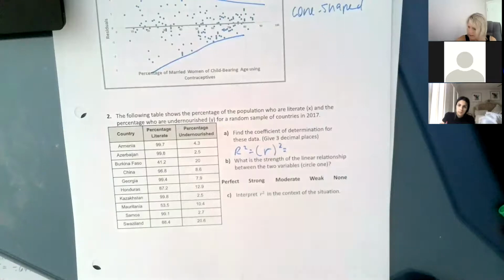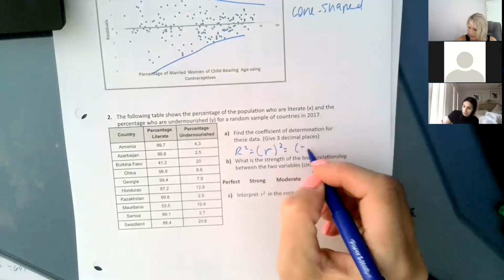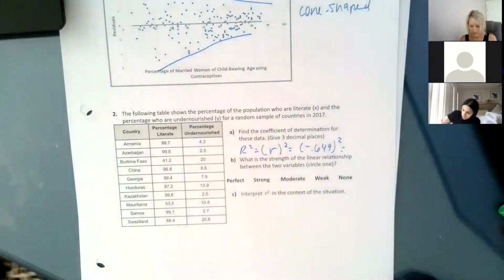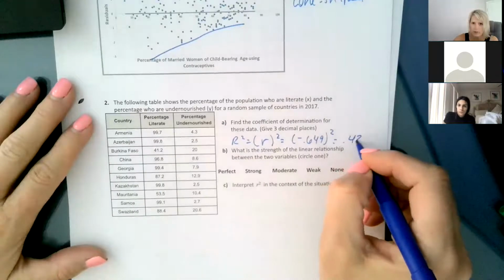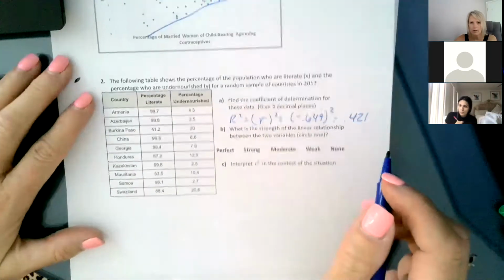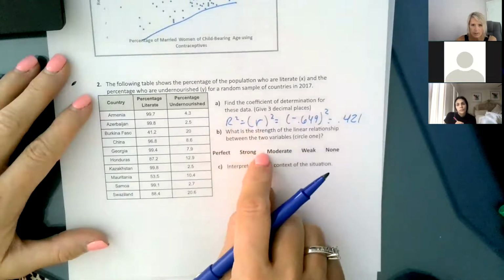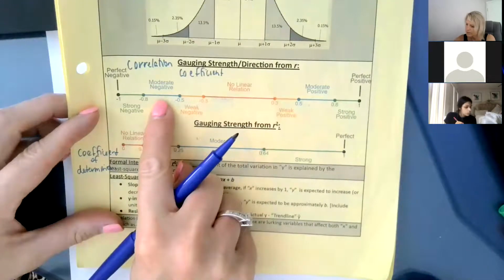The R was negative 0.649. If we square that, we should get 0.421 or thereabouts, 0.421 or 0.422, depending on whether you started with the raw data or not. And what is the strength of this relationship? The correlation coefficient was negative 0.649, which is a moderate relationship.